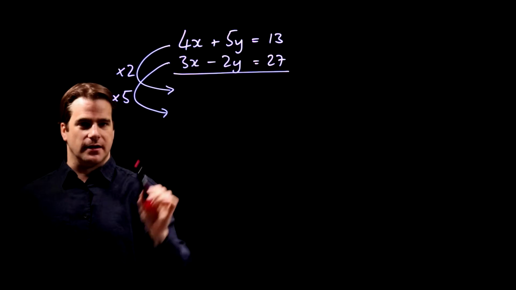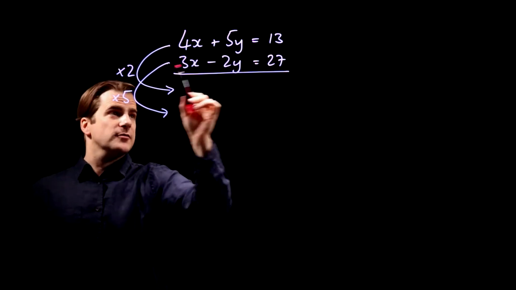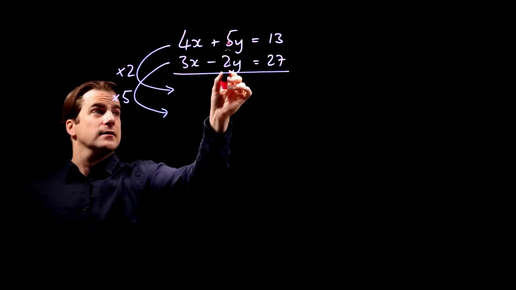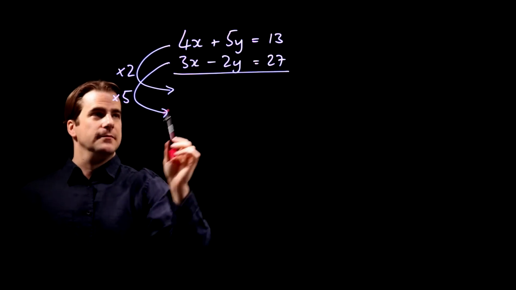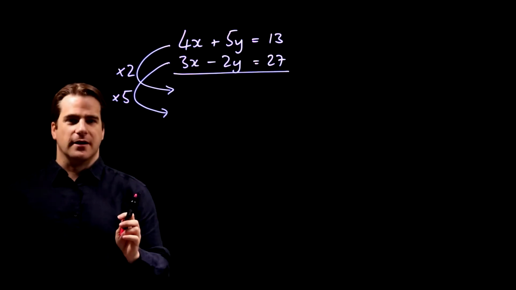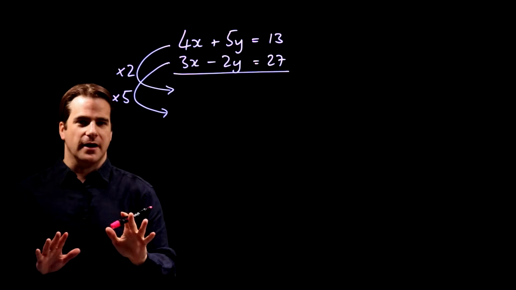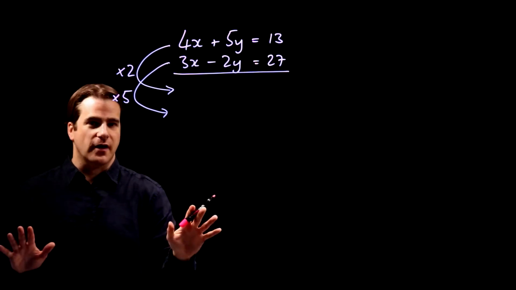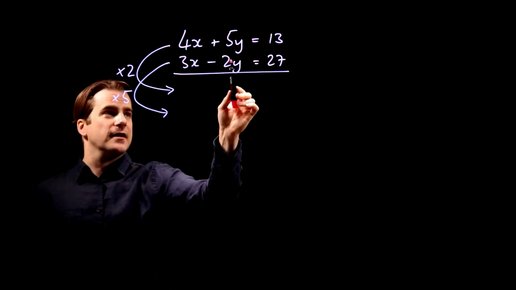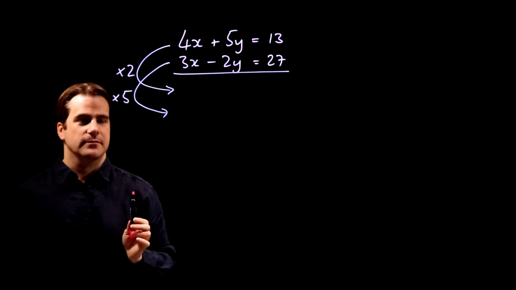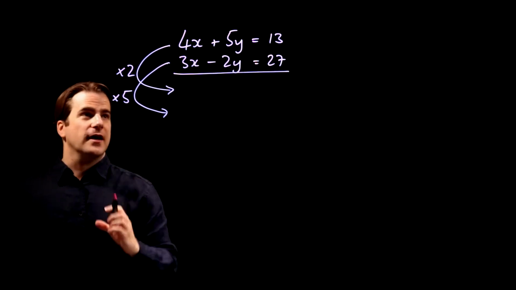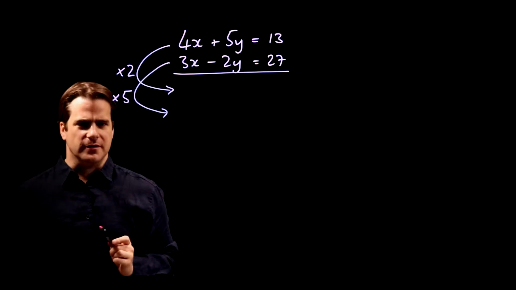Doesn't matter what that sign is. And we've multiplied this whole equation by 5. Just do it like that. If the lowest common multiple thing goes over your head, it's fine. So we've got our numbers to multiply by.